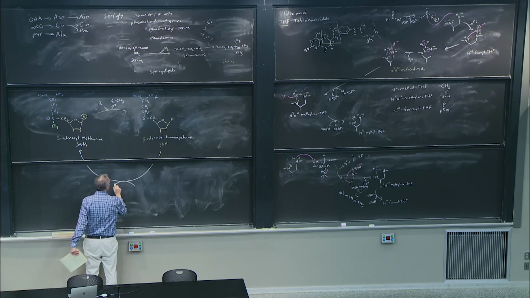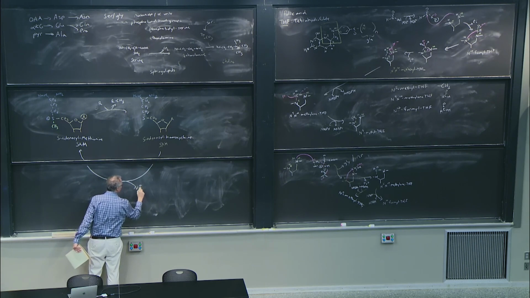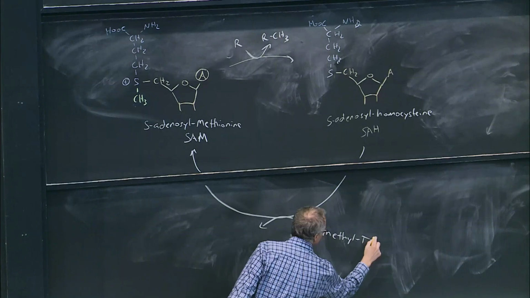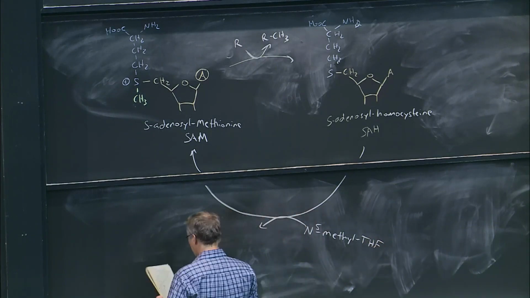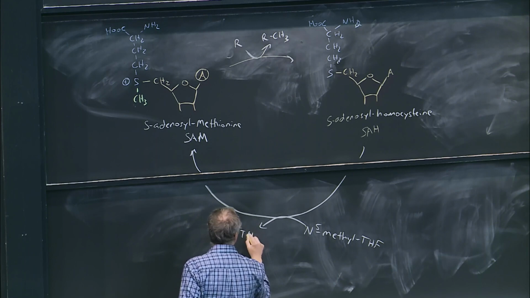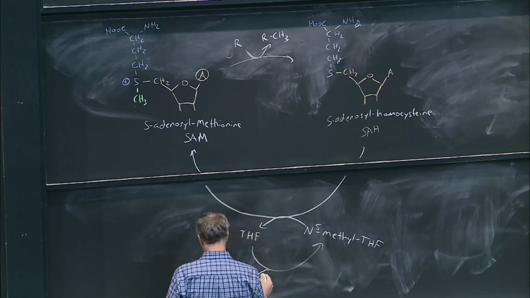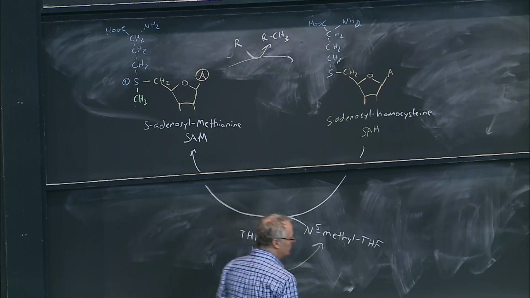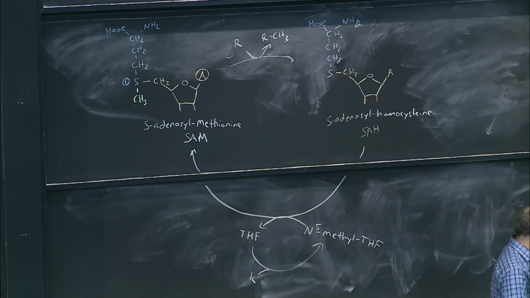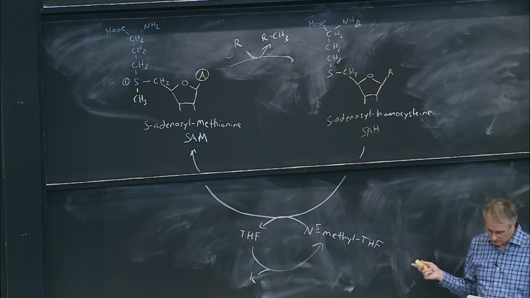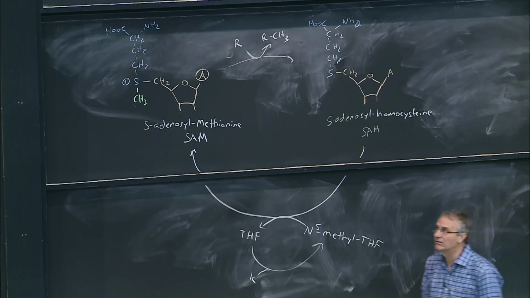The methyl group has to come from somewhere. This comes from N5-methyl THF, okay? Of course, that generates THF, and then THF can pick up another methyl group, ultimately from serine to glycine conversion and reduction with NADPH to make N5-methyl THF.